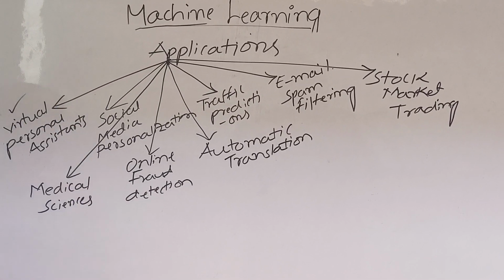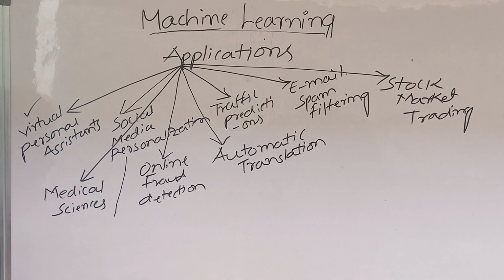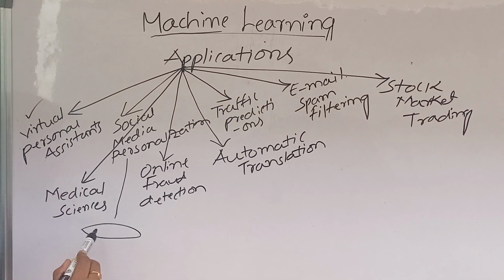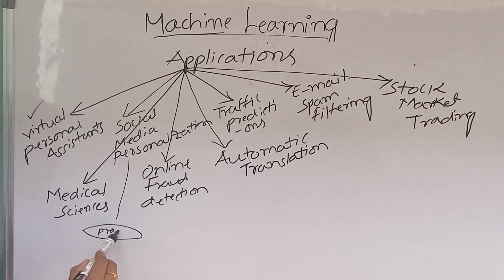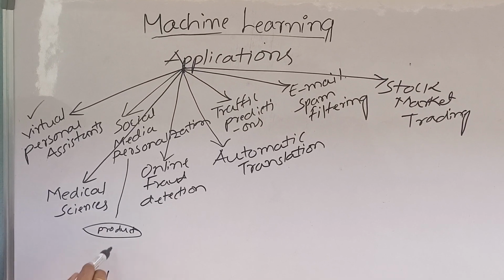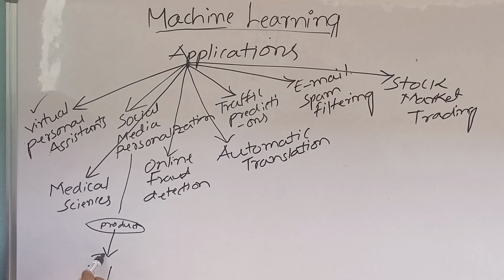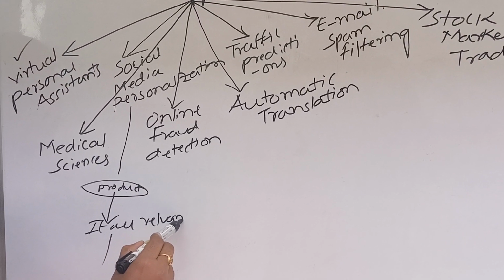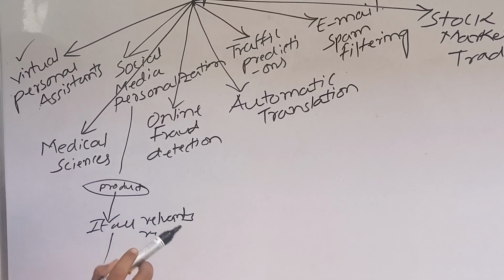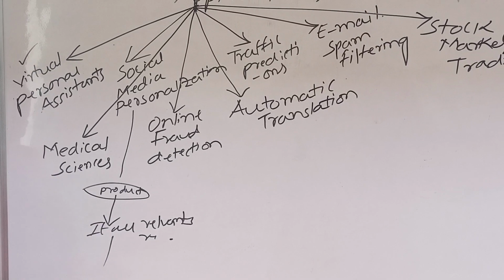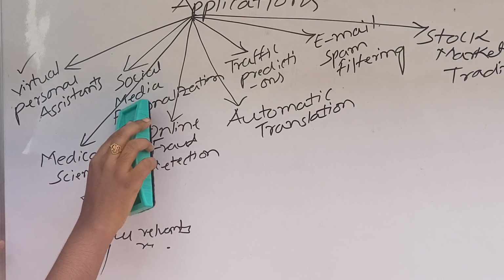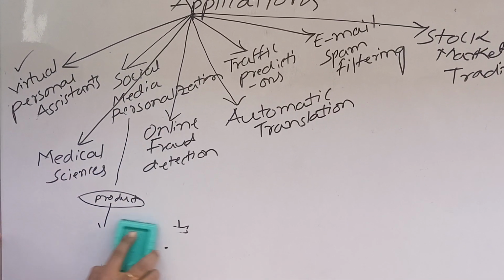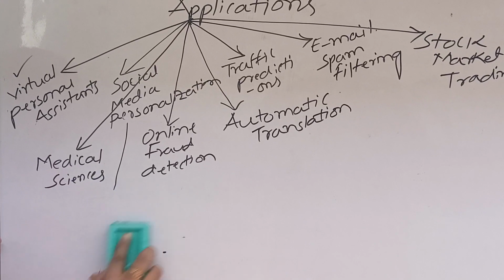Next, social media personalization. Whenever we make a search about some product, it gives all the relevant products related to our search. This happens by using the social media personalization application, and it is possible by using machine learning.